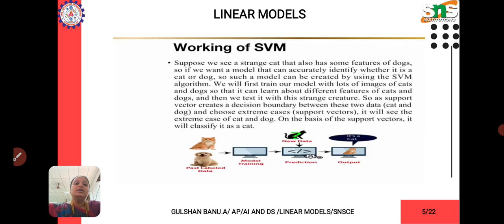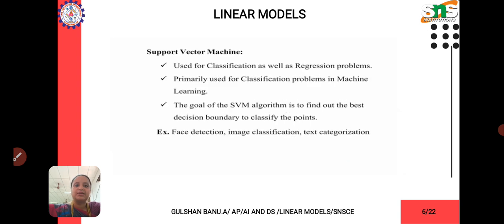Now, see in this diagram, you will be given labeled data. Now we have to train and predict based on the linear model. Upon that, you will get the output as either dog or cat or something based on it.